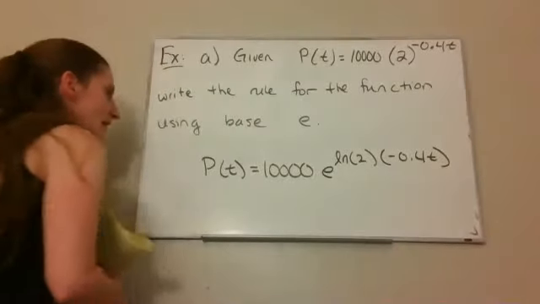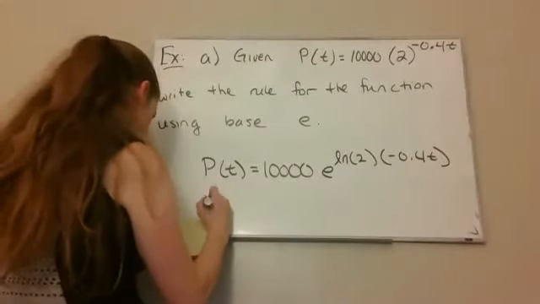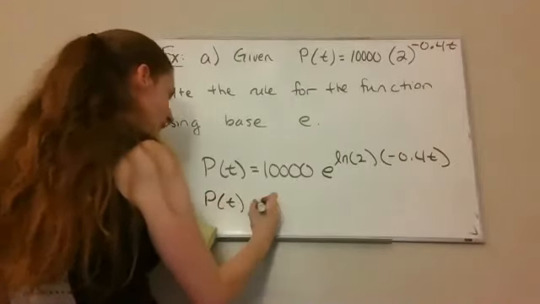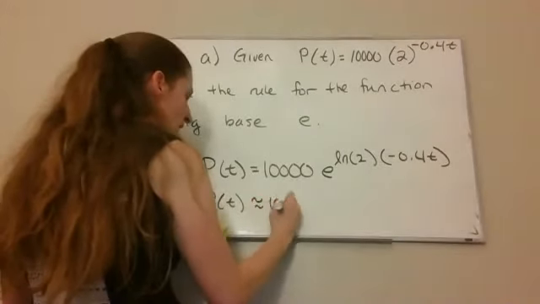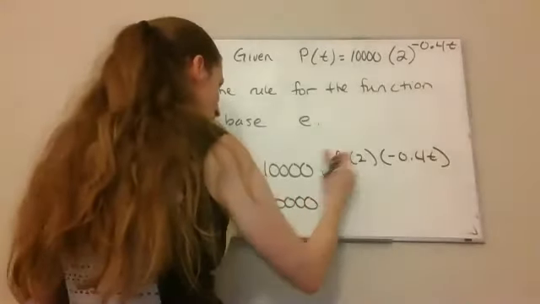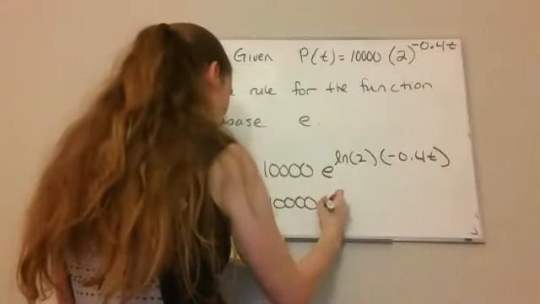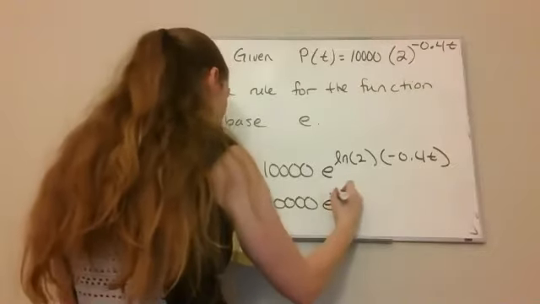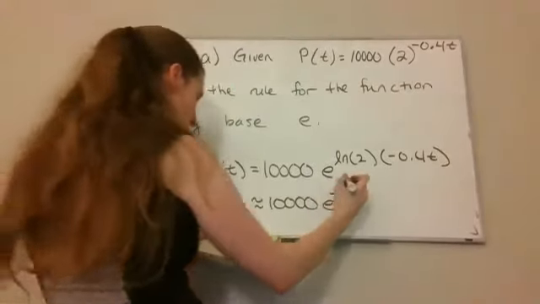And we can rewrite this a little bit. It's going to be approximate because natural log of 2 times the negative 0.4 is kind of ugly. I'm just going to round it a little bit to 5 decimal places.